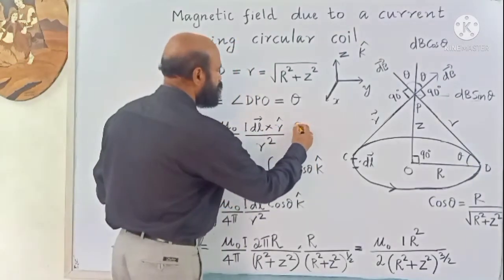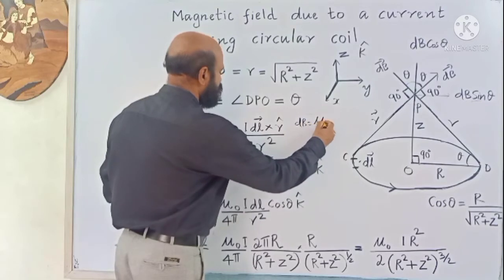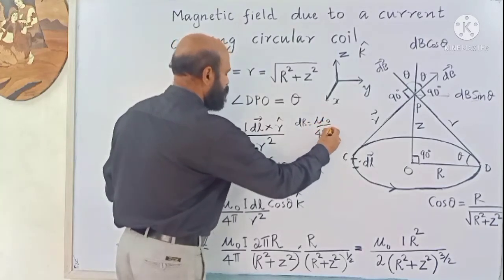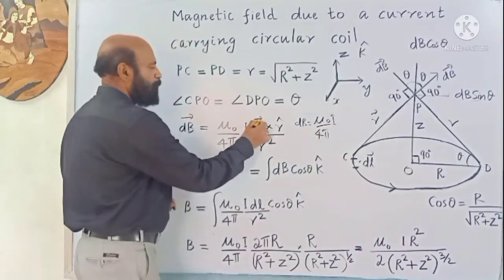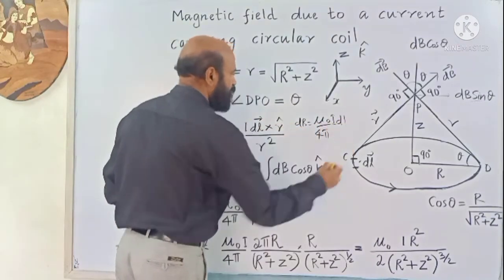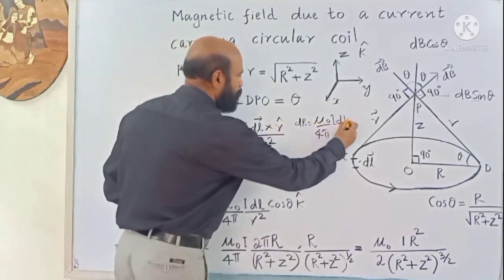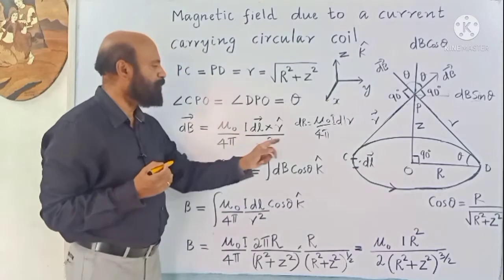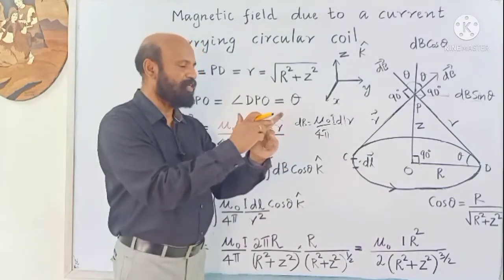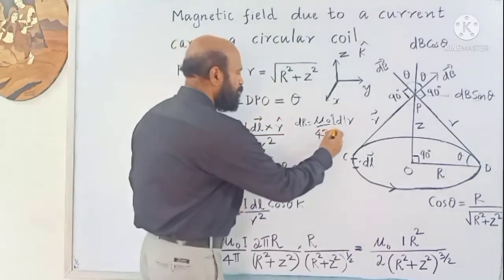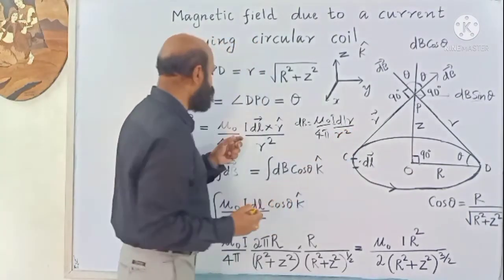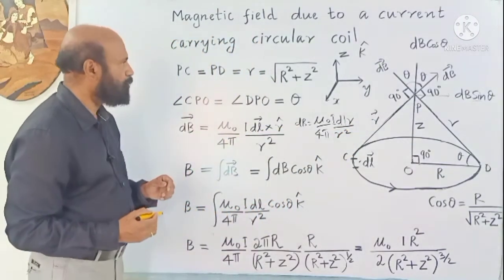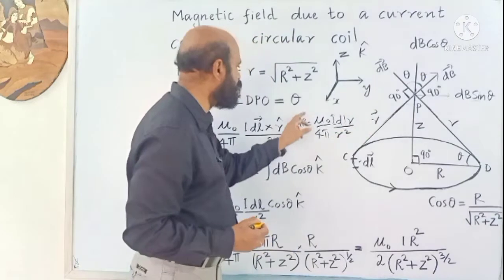So dB is mu 0 divided by 4 pi, I, dl divided by r square, since the angle between the dl vector and r vector is 90 degrees and sin 90 is 1. So that is the magnitude of dB, acting on that side.